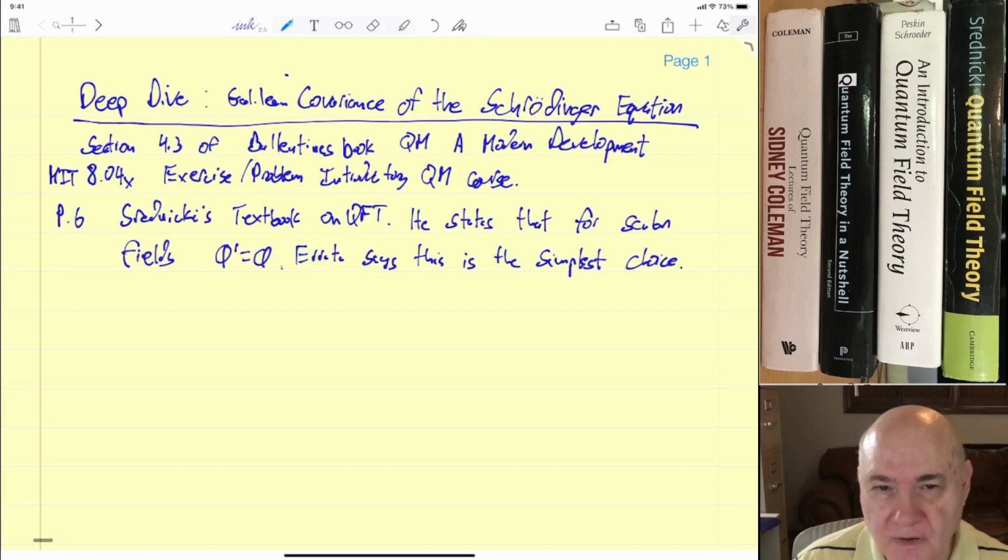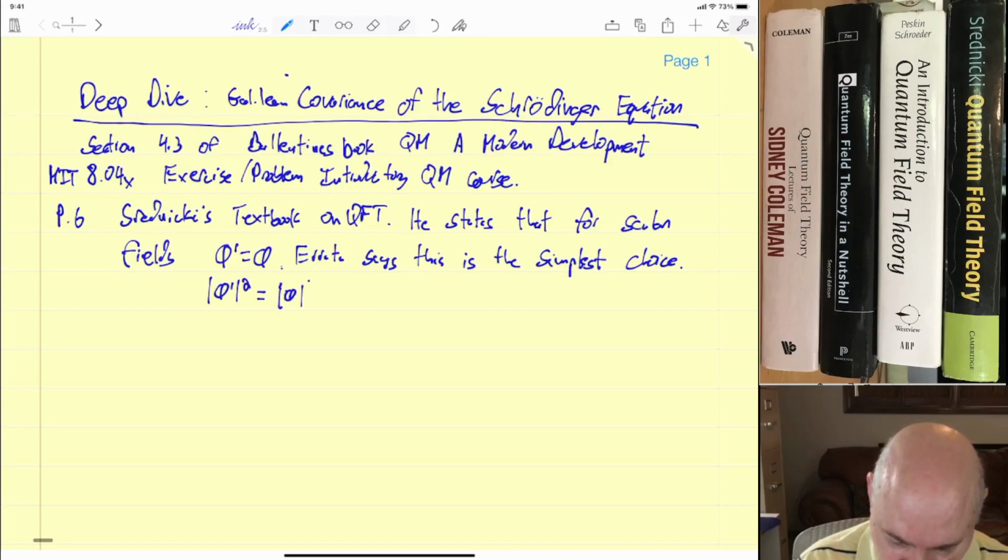So today we're going to give an example where in fact this does not hold. What does hold, and what we usually want to hold, is the absolute value of phi prime squared equals the absolute value of phi squared.